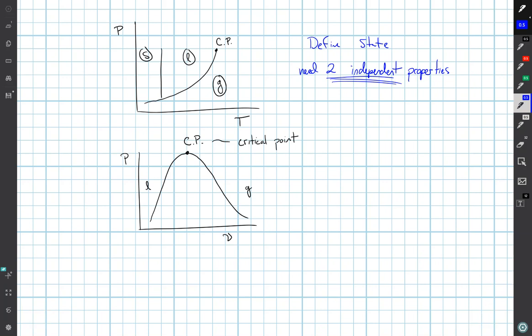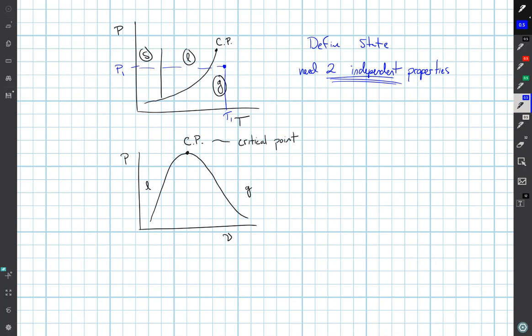Okay, so basically what are we trying to do? One way to think about it, we're trying to find a specific point, say this point here, on these graphs. That point would be defined by that temperature and that pressure, T1 and P1.